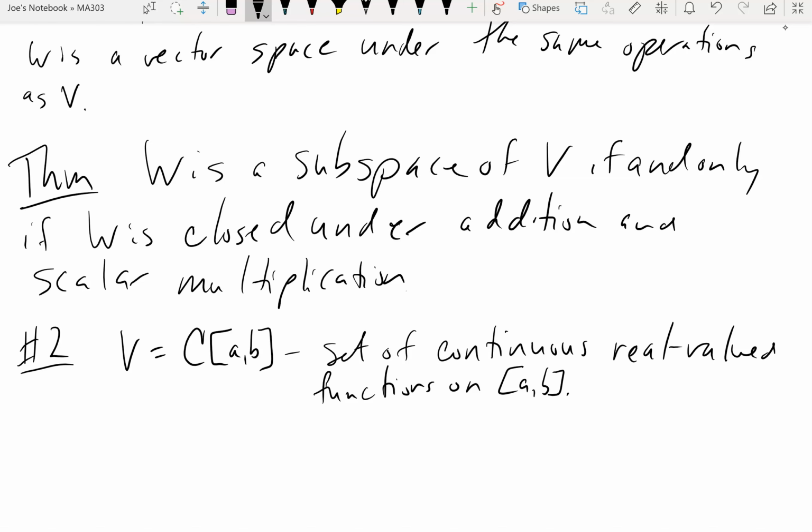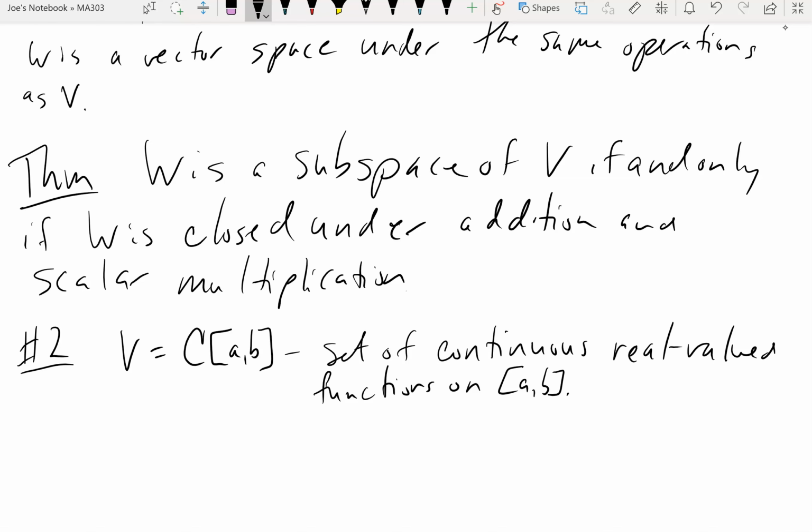So C1 would be the set of differentiable functions on the interval from A to B, and C2 would be the set of twice differentiable functions on A, B, and so on down the line. I'm not so worried about the notation, but they're telling you that this is a vector space. What we mean is that as long as we do regular old function addition and regular old scalar times a function, those satisfy all 10 axioms.